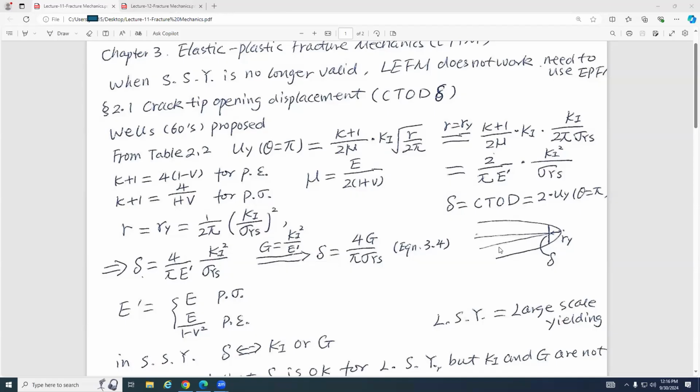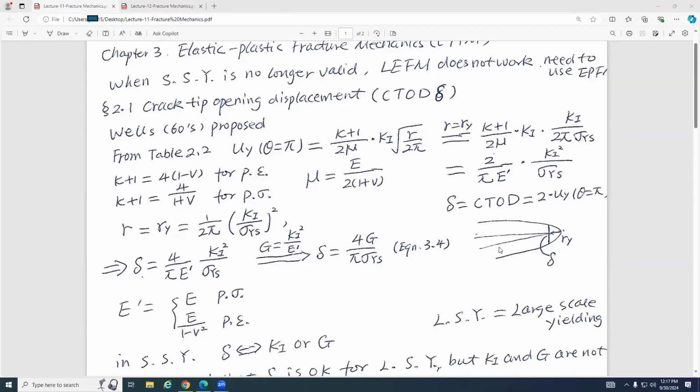As you can see, delta equals 2uy, and the 2 is changed to 4. So delta equals 4 divided by E prime, Ki squared over sigma ys. For this delta, Young's modulus plays an important role, and the yield strength also comes into play. Sigma ys is the yield strength of the material, a material property.